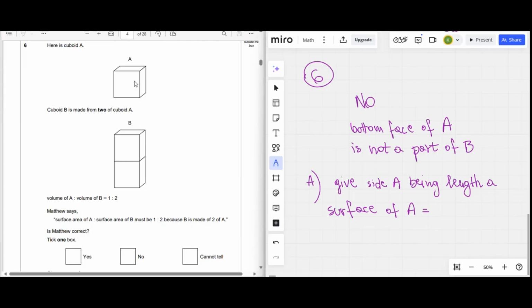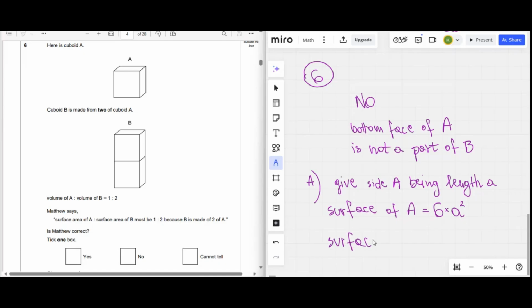So what's the total surface of A? What would that be? We have 6 faces, right? Yeah. Top, bottom, and 4 at the sides. So we have 6 faces, and with the length of A and the area of square is just A square. So this is our surface of A, being 6 faces of A square each.